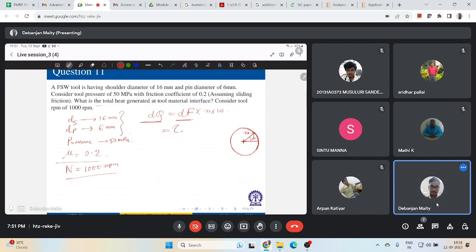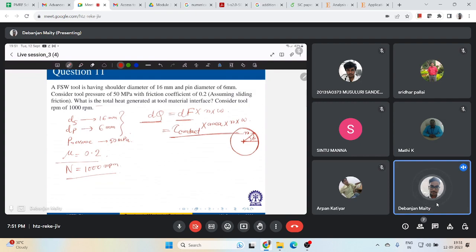So shear stress at the contact, that into area getting covered, right?